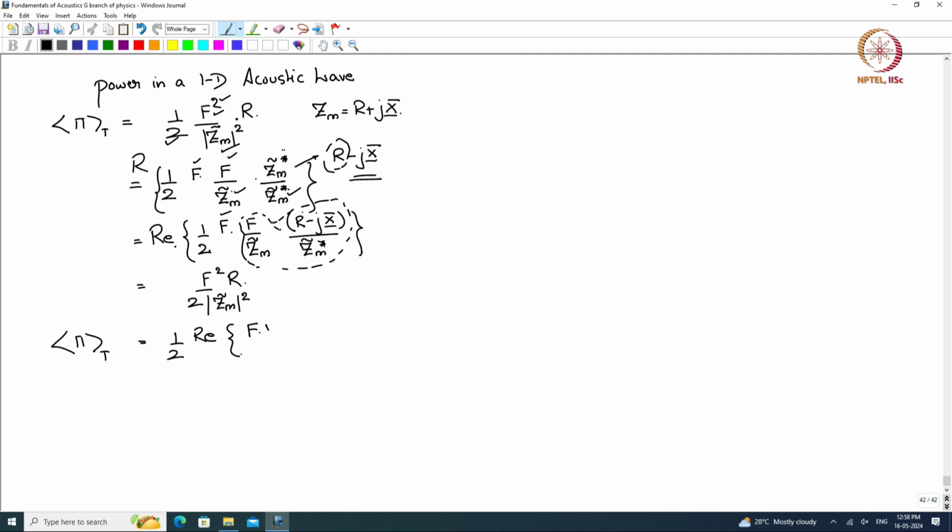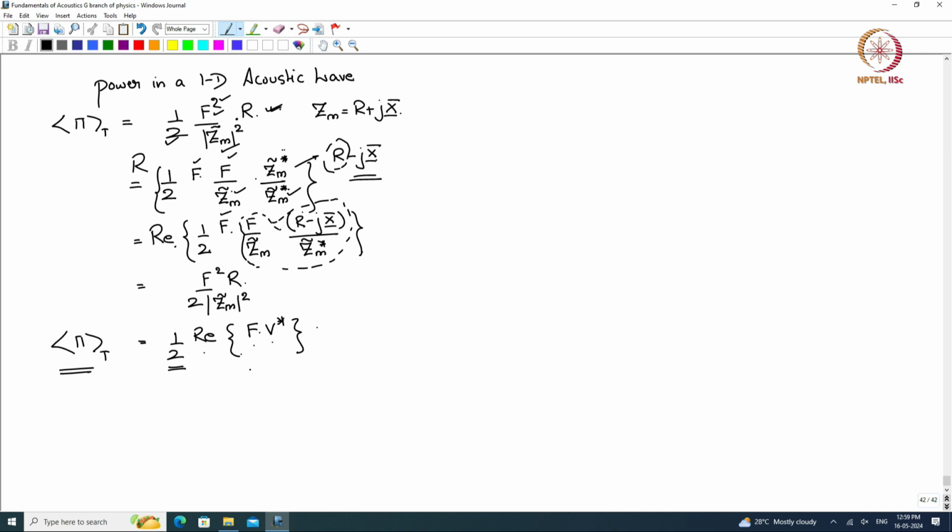So just from the power calculation of a spring mass damper, I have found that the time averaged power from the forcing location is also given by 1/2 the real part of F V conjugate. Okay.